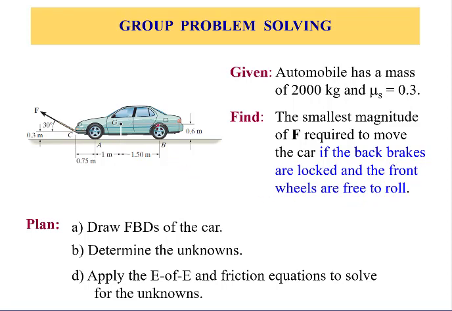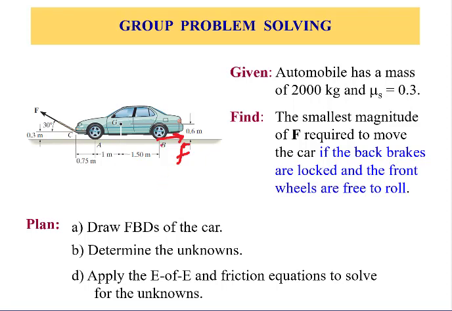The back wheel locked means it doesn't rotate, meaning that there exists a friction force opposite to the impending motion.